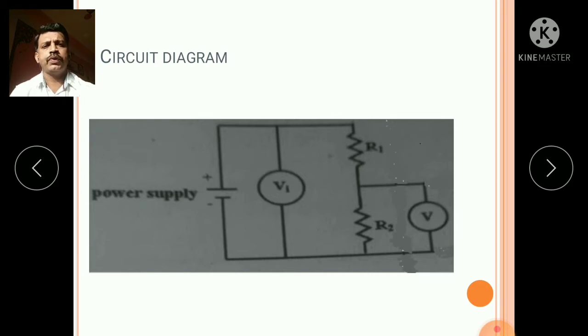In this way we vary the load resistance, known as R2. When R1, the internal resistance, is equal to R2, the load resistance RL, you will get the maximum power in this circuit.